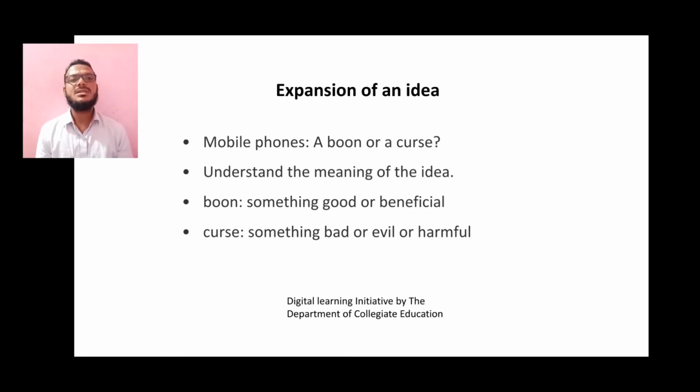First, we have to understand the meaning of that idea, the meaning of that particular statement or given idea. You have to write a little introduction about mobile phone. It is an electronic device.